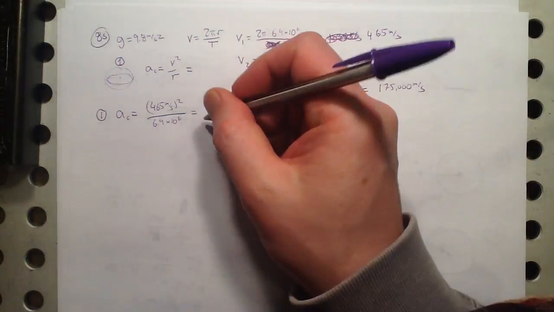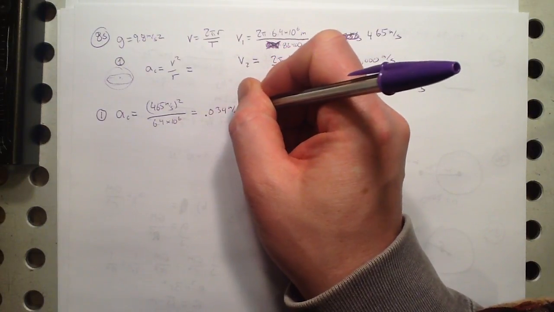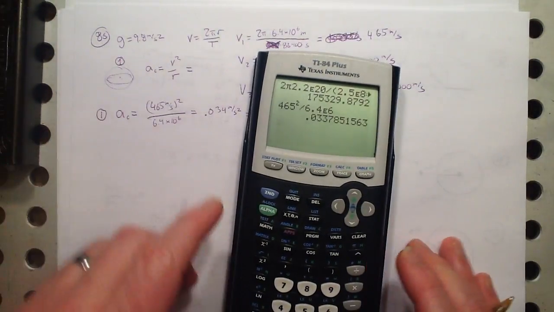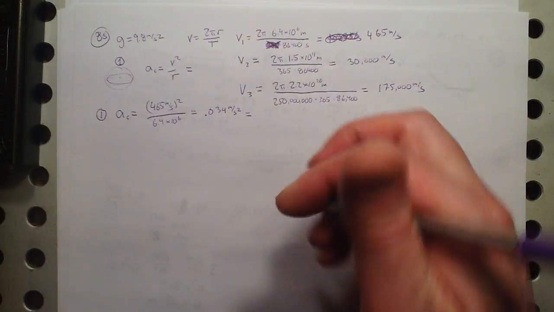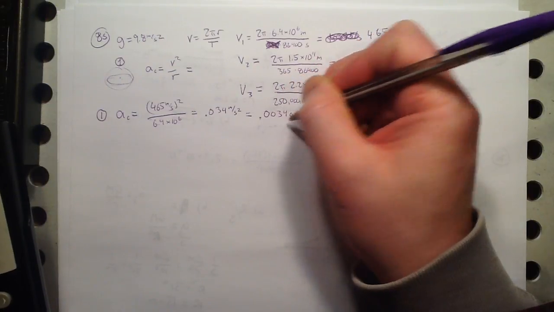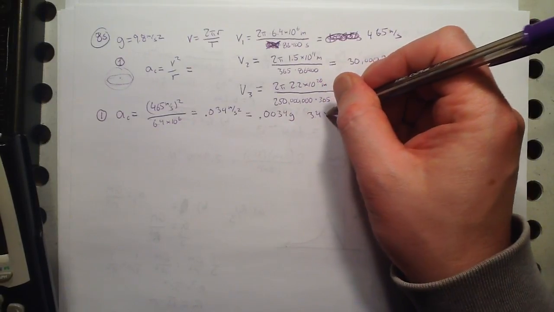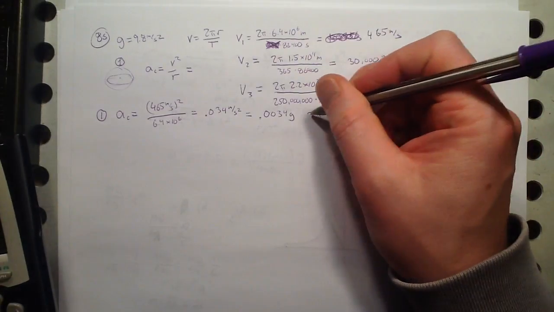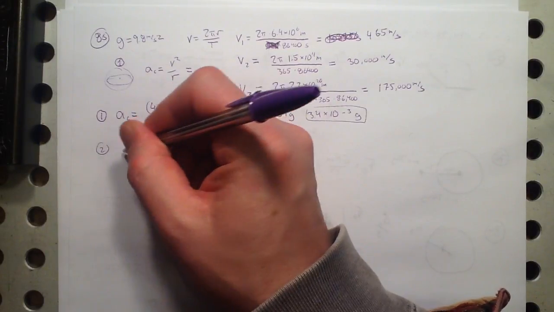So that's 0.034 meters per second squared. And if we want to do that as a multiple of g, then I'm just going to divide it by that. So that's 0.0034 g, or 3.4 times 10 to the negative 3 g. There's our first one.